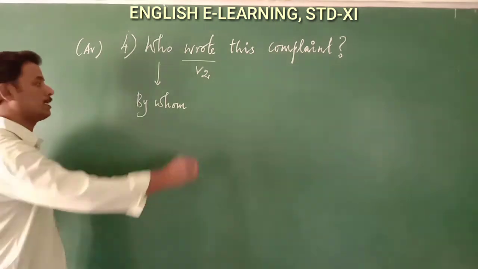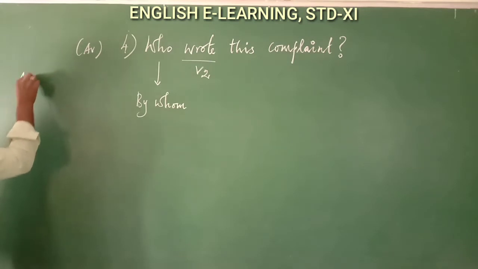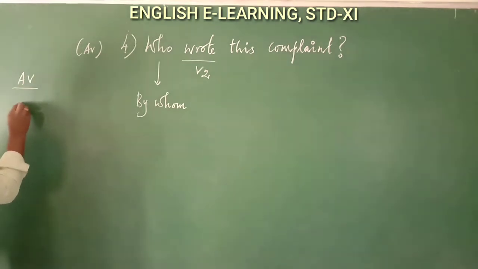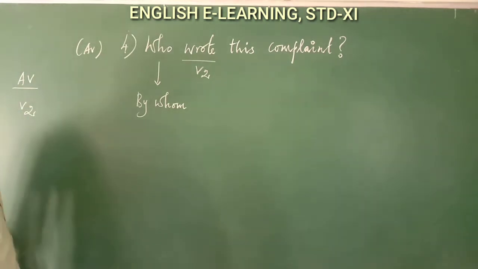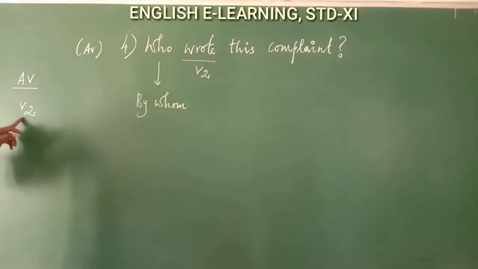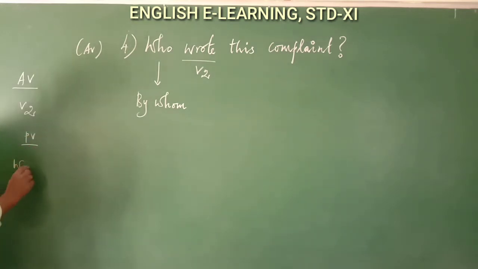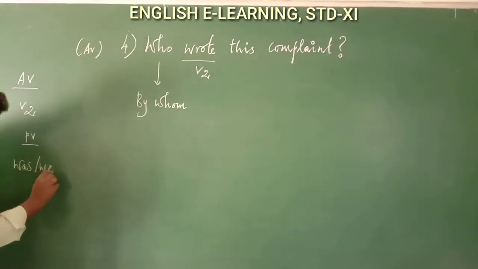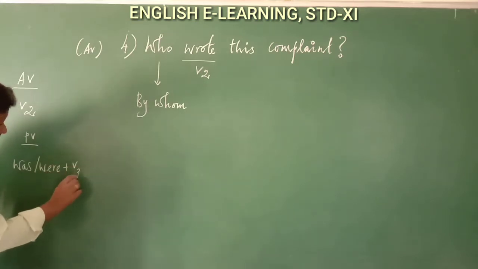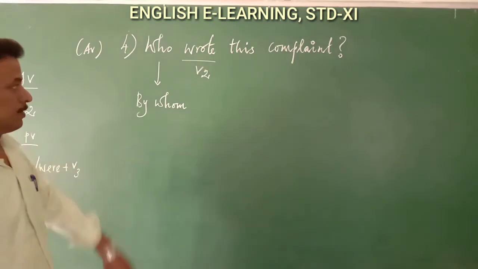Okay, right. Next, the verb pattern is verb 2. In active voice, if the verb is in past tense, in passive construction, we have the rule was or were plus verb 3. Right? Was or were plus verb 3.